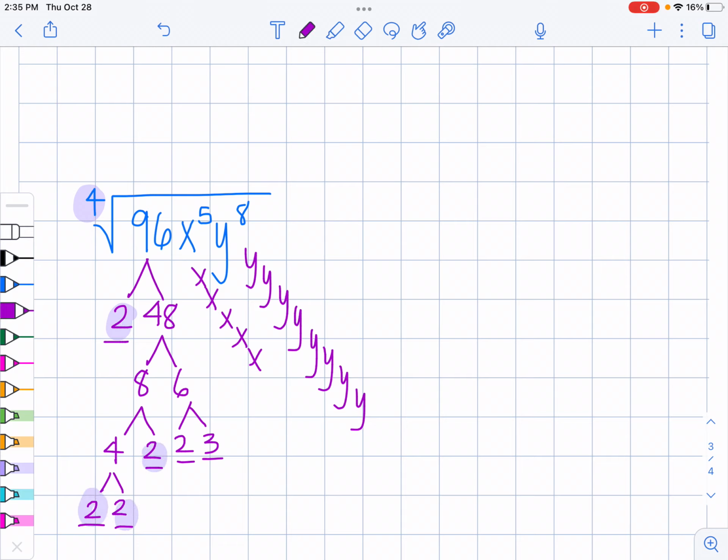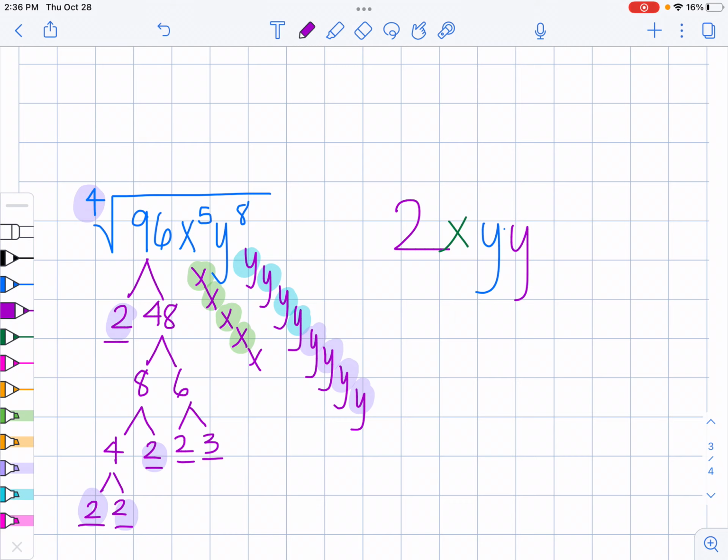So I can take out a 2. And I have 1, 2, 3, 4 x's. So I can take out an x. I have 1, 2, 3, 4 y's. I can take out a y. Do I have enough to take out another y? 1, 2, 3, 4. I have enough to take out another y.